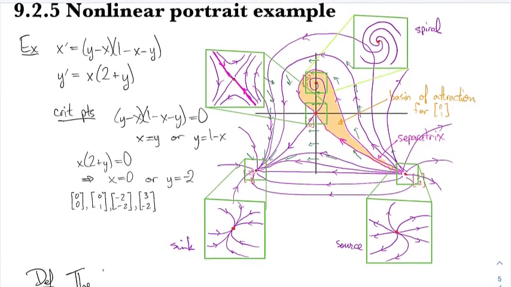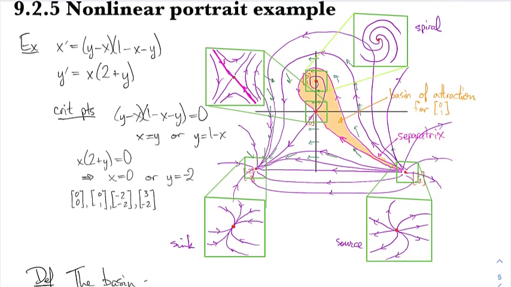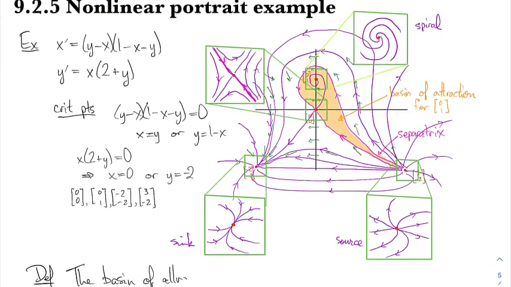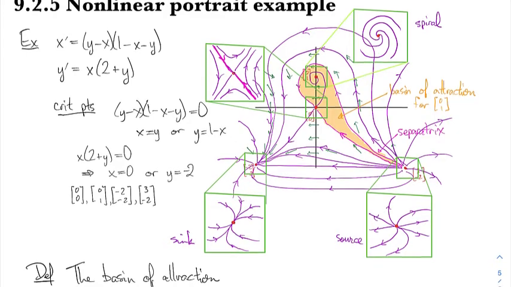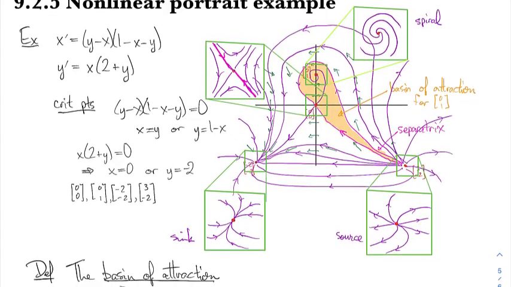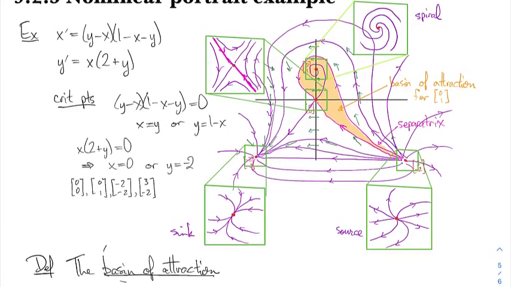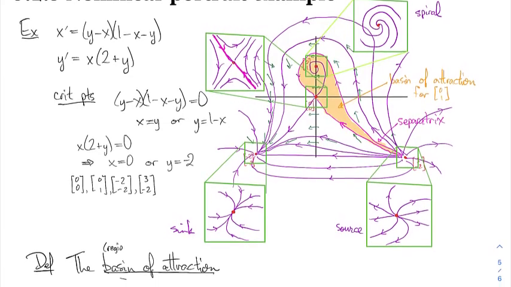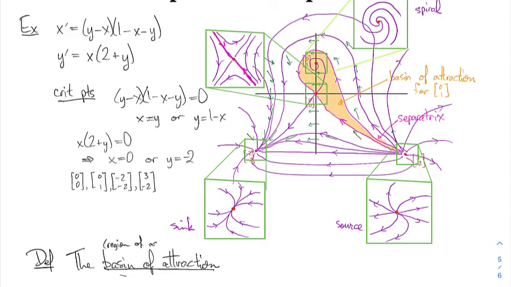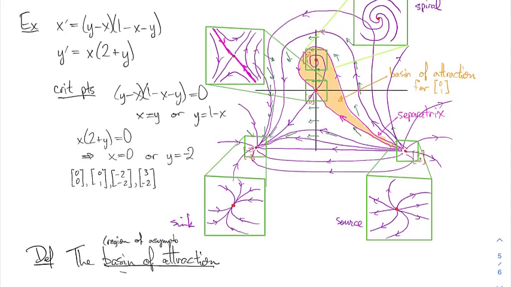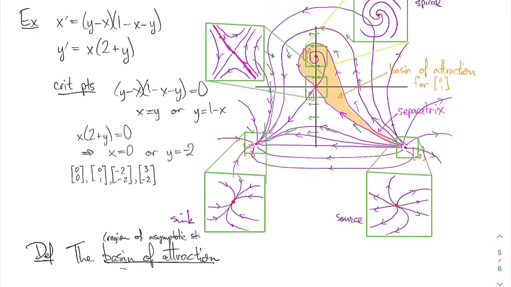So the basin of attraction, or region of asymptotic stability.